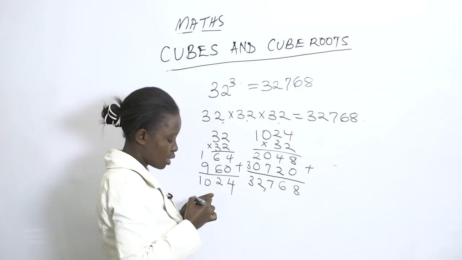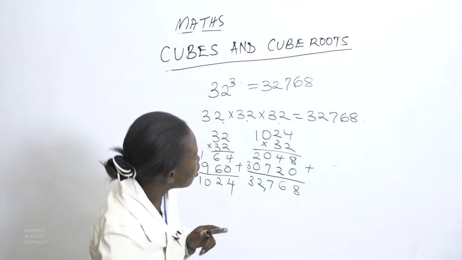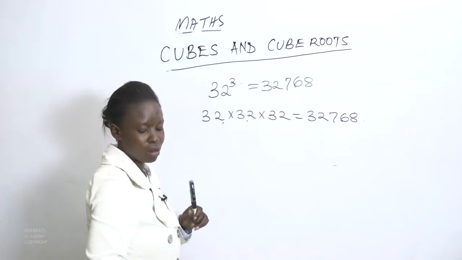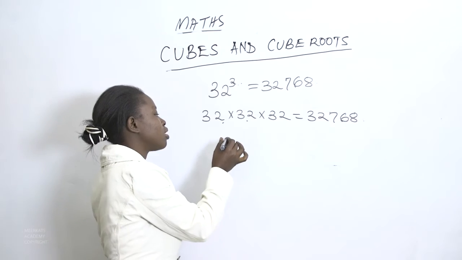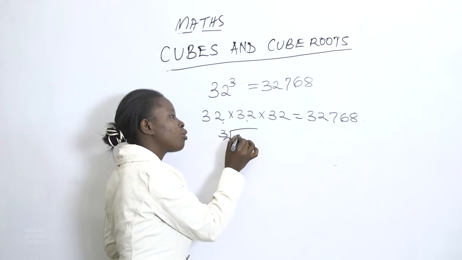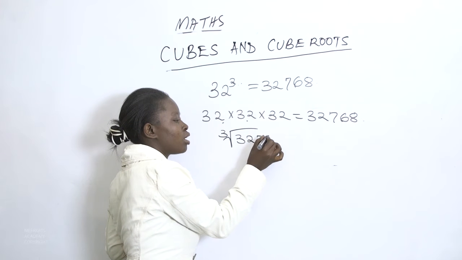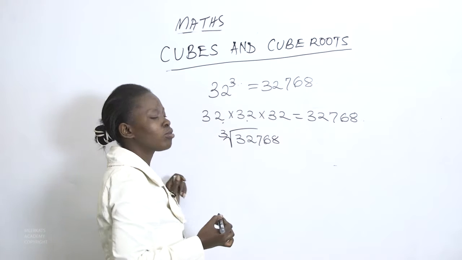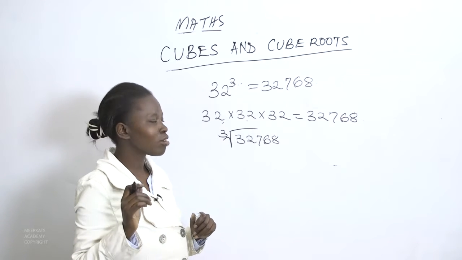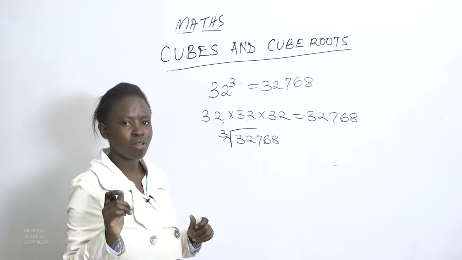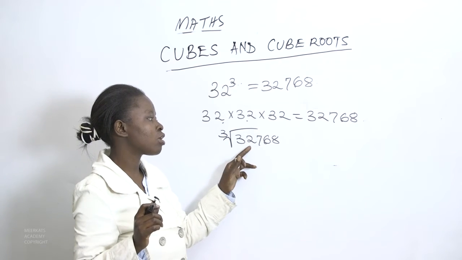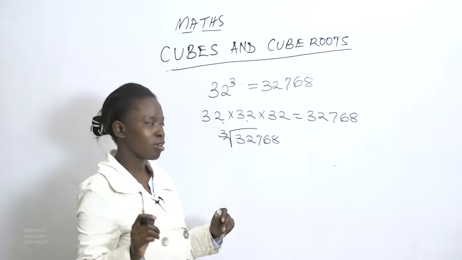So if I'm getting the cube root of 32,768, it simply means that it is the reverse of whatever I have. So if we are getting the cube root of 32,768, then it means I have to ask myself, what is this number that when I multiply the number itself repeatedly 3 times, I will get 32,768.